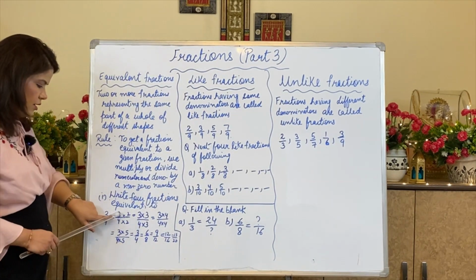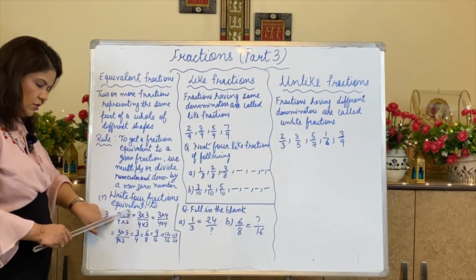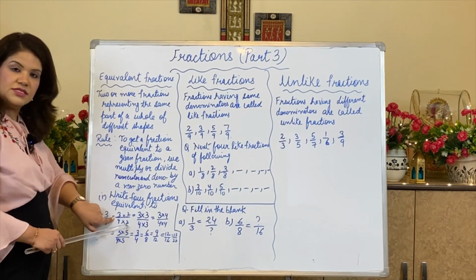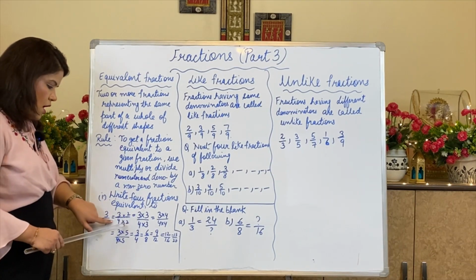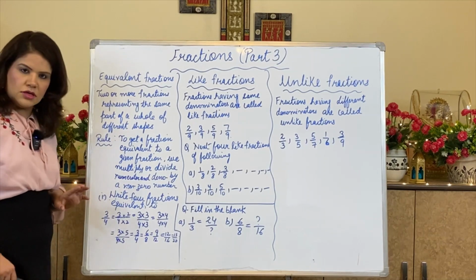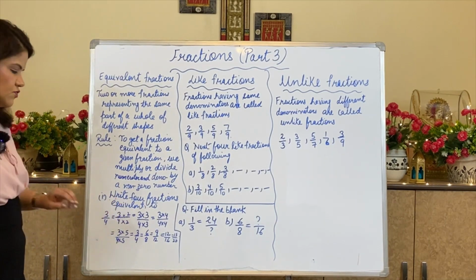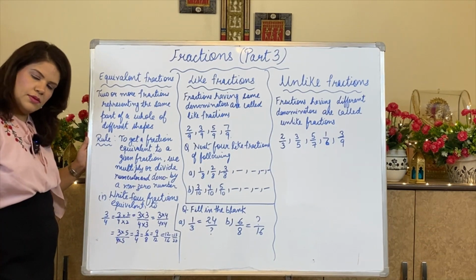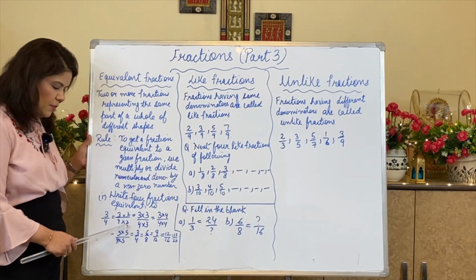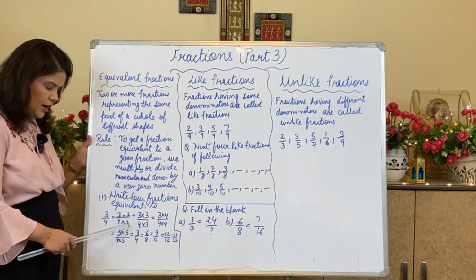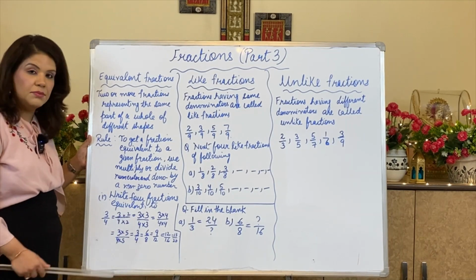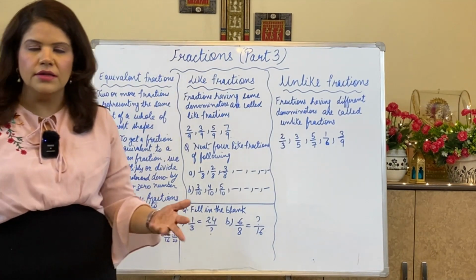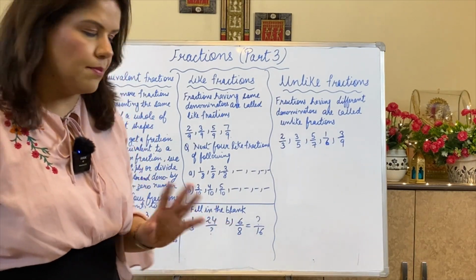I am multiplying 3 by 4, numerator and denominator, with the same number 2. If I change this into simplest form, what will happen? 2 will get cancelled, the answer will remain 3 by 4. So if I multiply the numerator and denominator by 2, that means basically I am multiplying by 1 and the answer will be the same.